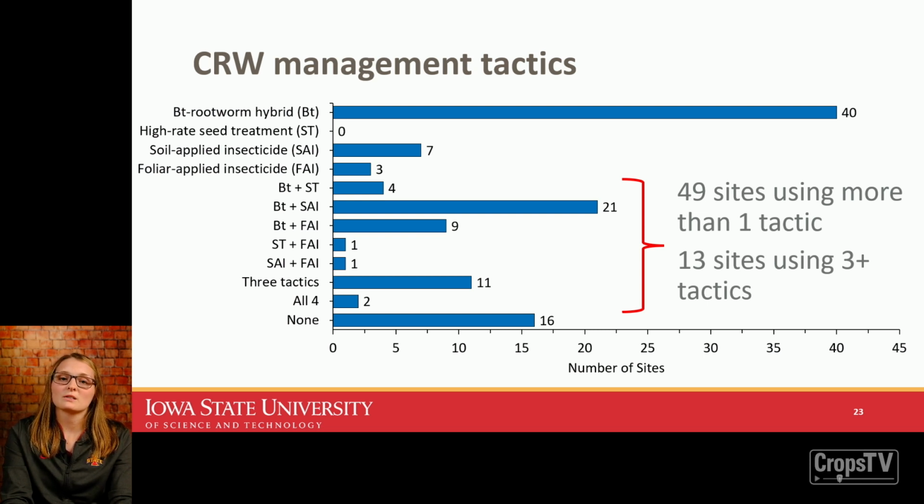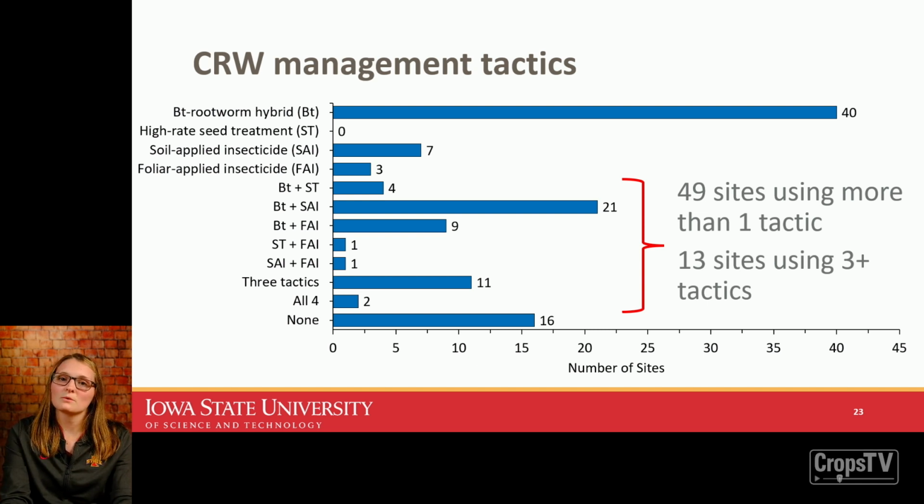And that is because research has shown that there hasn't been any yield benefit, and it also hasn't reduced larval injury to corn, so it hasn't reduced the node injury score if people were to use a Bt plus a soil-applied insecticide. And also, it hasn't led to a reduction in the number of adults that are produced, and there can be resistance management implications for layering management tactics.